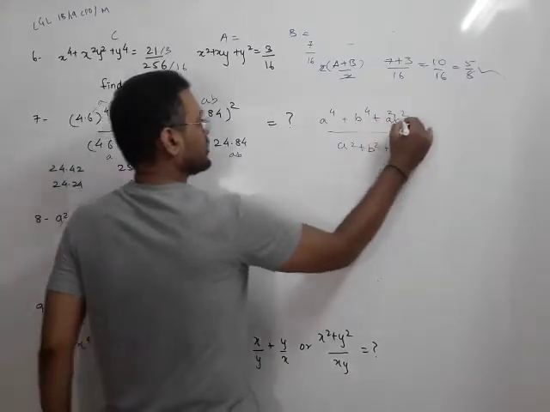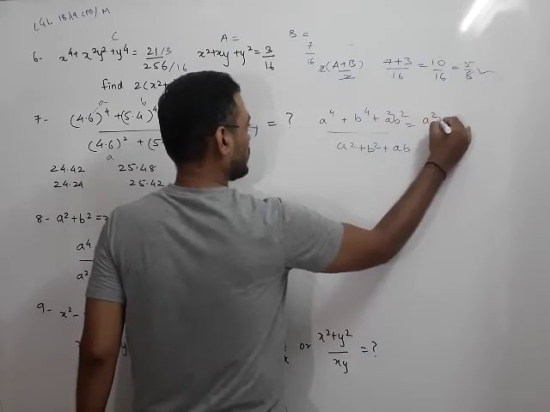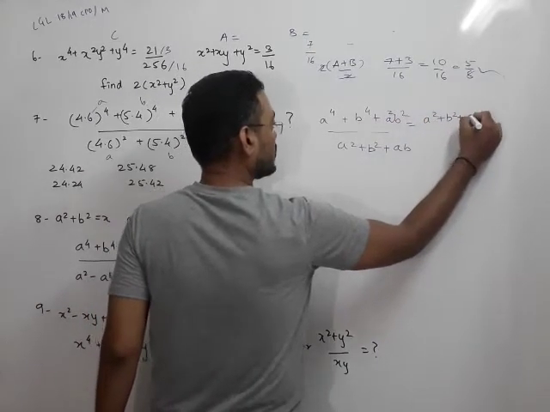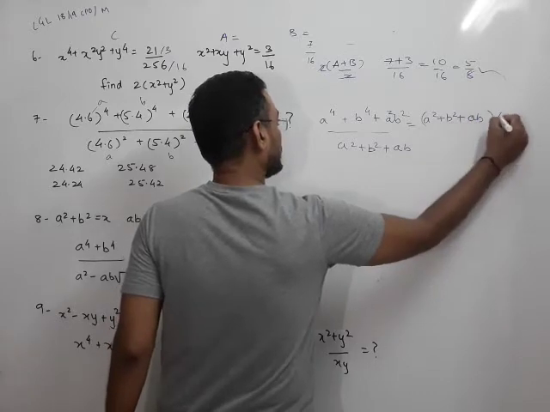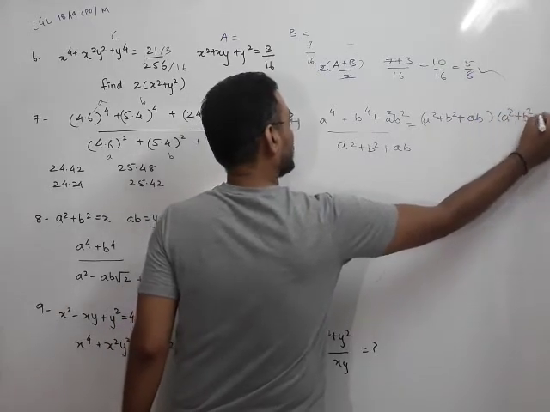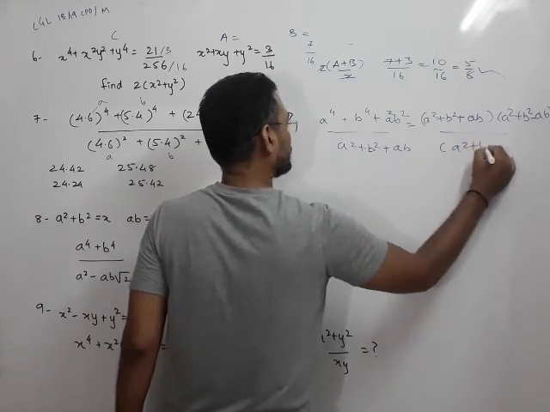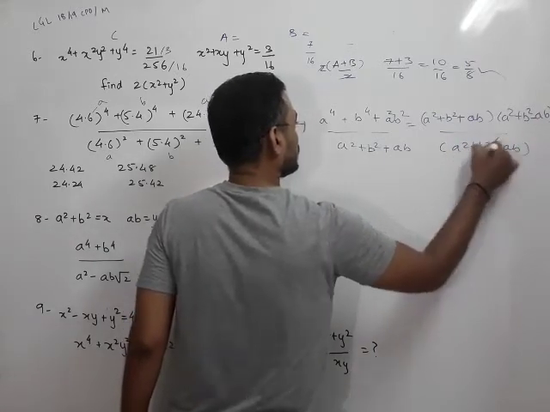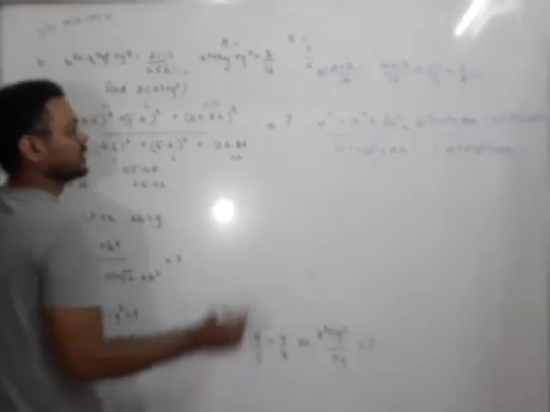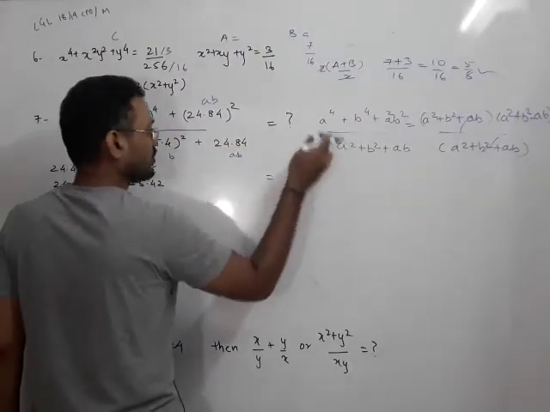This can be written as (a square plus b square plus ab) and (a square plus b square minus ab) upon this a square plus b square plus ab. So this is gone, this is only remaining. So what is remaining? You don't have to write all this.